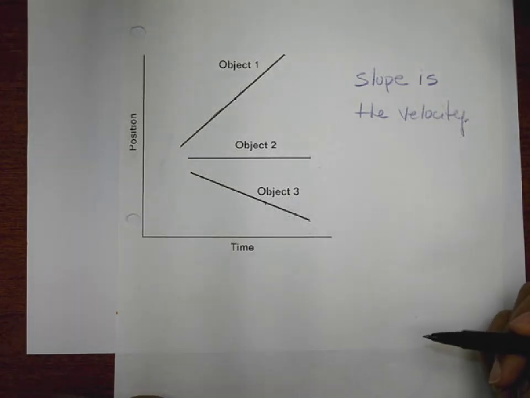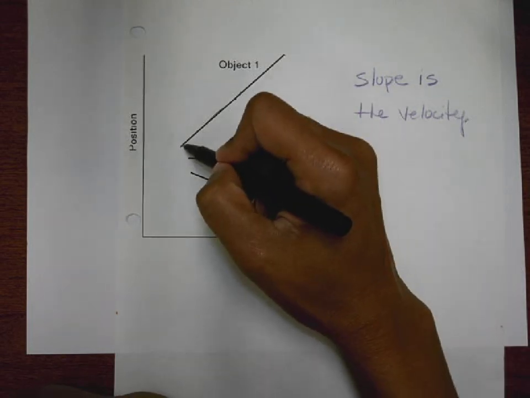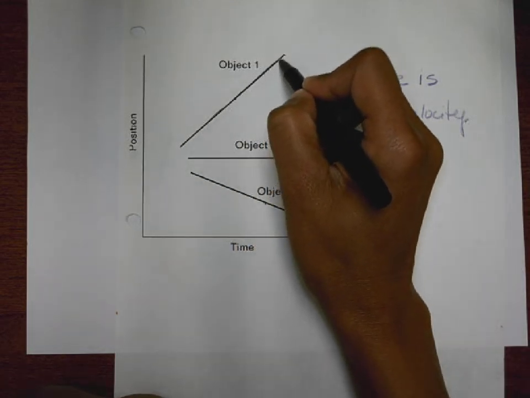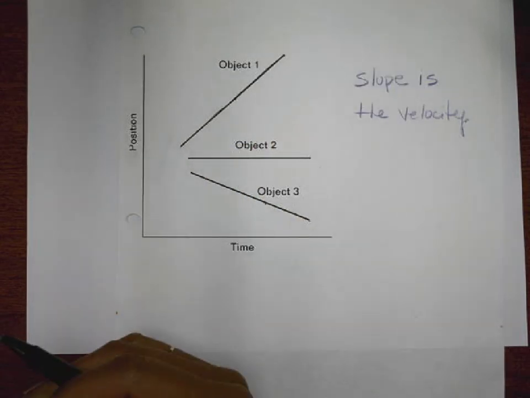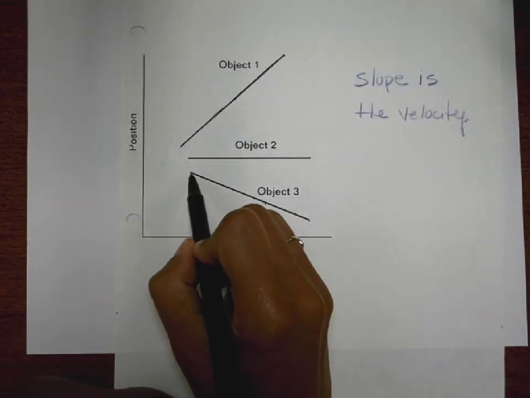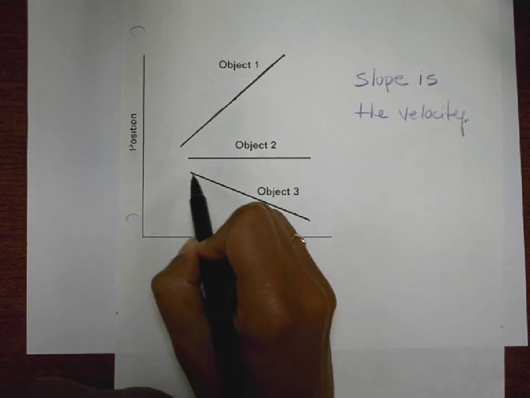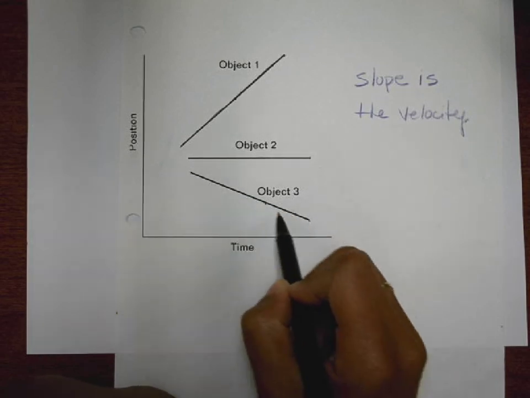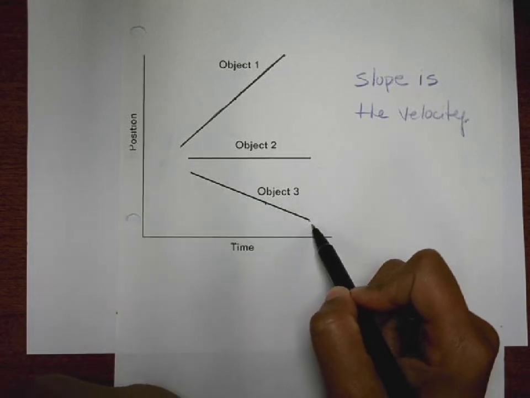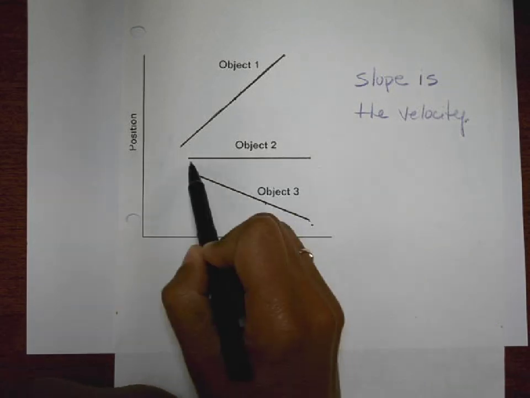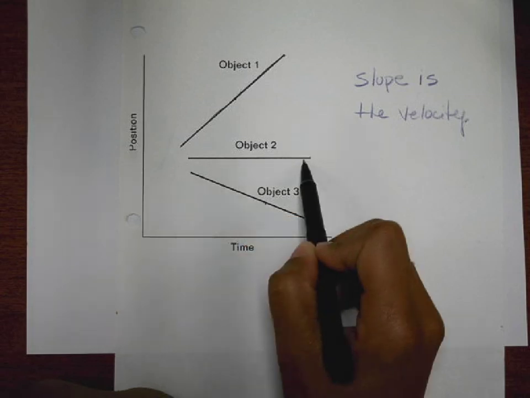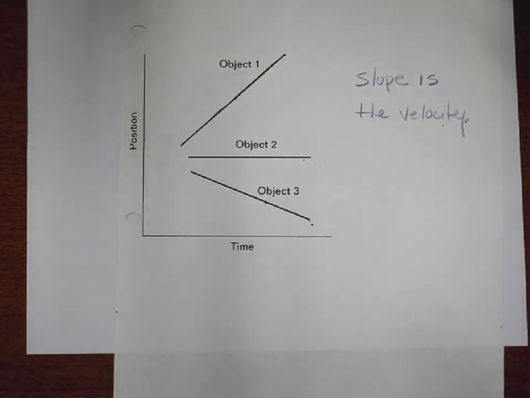If you notice something really interesting about this graph, this slope is positive, so this object is moving in a positive direction. This slope is negative, so this object is moving in a negative direction. This slope is 0, so this object is not moving.